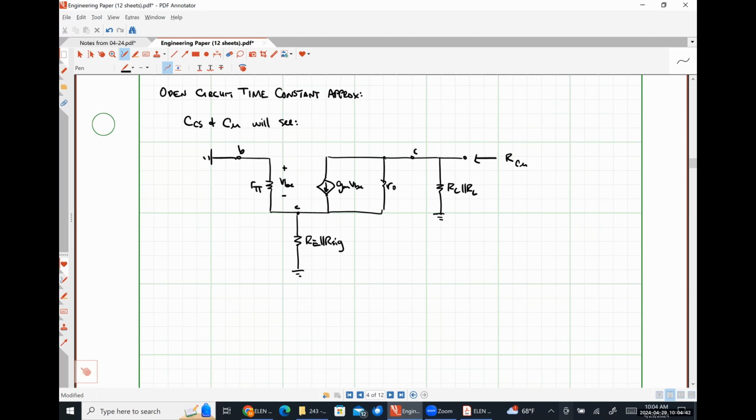Common emitter amplifier with a generator. The output resistance of a common emitter amplifier with a generator, right? Which we've seen before on numerous occasions at this point.